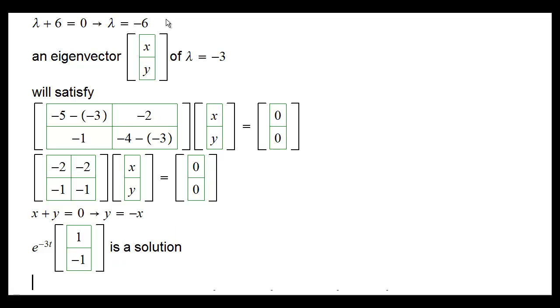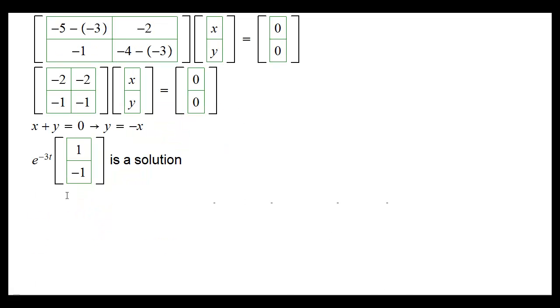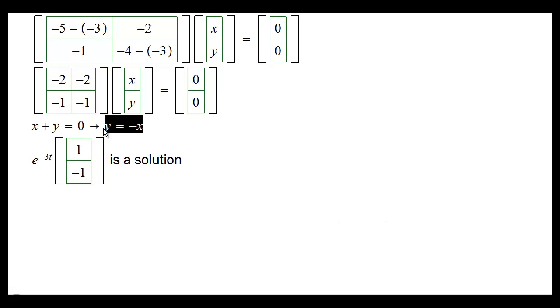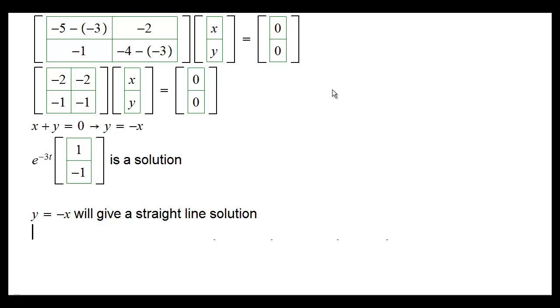All right, and notice that the two components satisfy this relationship, y equals negative x. So y equals negative x will give you a straight line solution, and I shall show that to you within a vector field in a few moments.